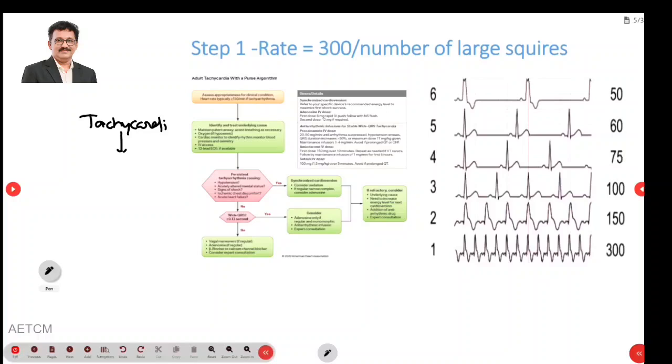We have learned in the last classes that by seeing the number of large squares between the QRS complexes, you can calculate the rate. Here 6 squares are there, so 300 by 6 will give a rate of 50. You can calculate the rate, or the ECG machine or the monitor will simply tell what the rate is. So rate calculation is most important. That is the first step whenever you see a tachycardia.